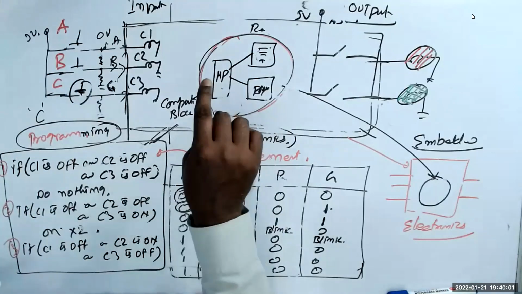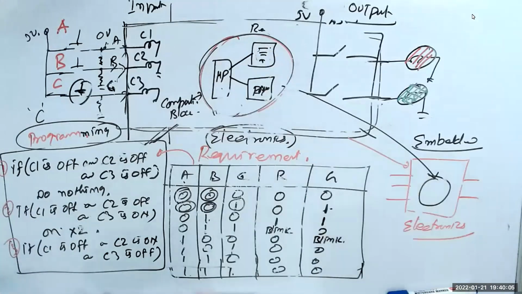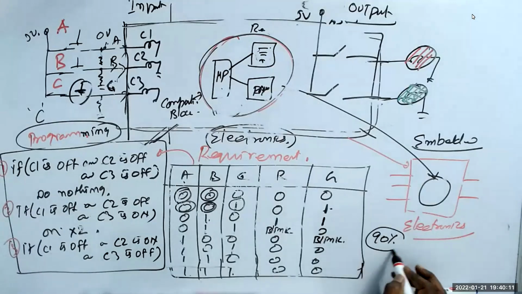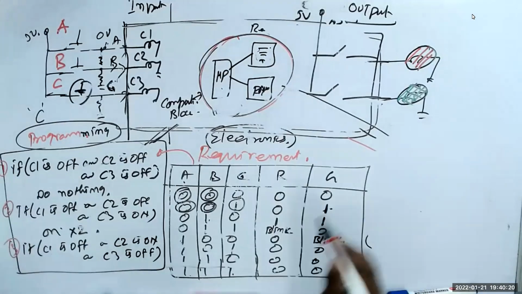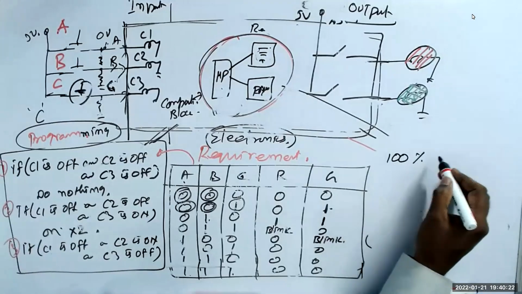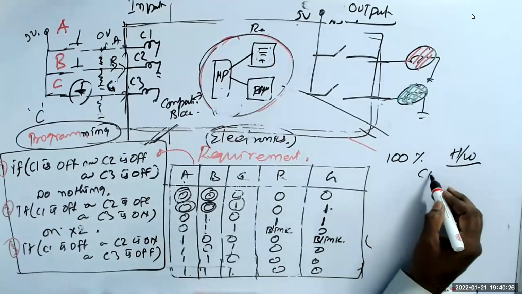In all embedded systems, you have a computing element inside. Today, 90% of products use embedded. Understand, once electronics was 100% hardware. Only circuit design.